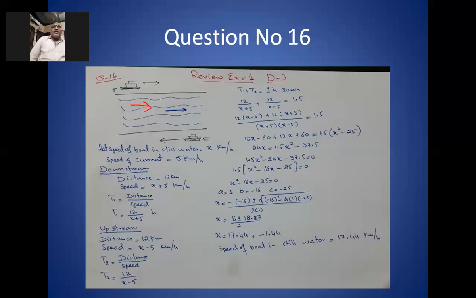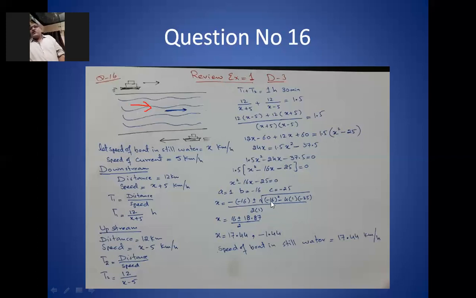The quadratic formula is minus b plus minus under root b square minus 4ac, the whole thing divided by 2a. So substitute those values. You can see here minus bracket minus 16 bracket close plus minus under root bracket start minus 16 bracket close square minus 4 bracket start 1 bracket close bracket start minus 25 bracket close.